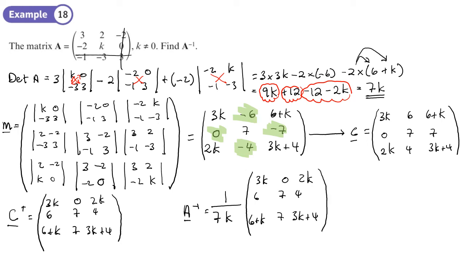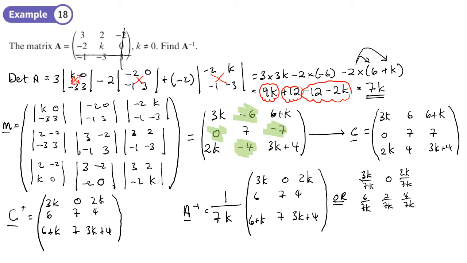Now, if we wanted to, you could write every element over 7k. I probably wouldn't bother, but you'd get something like this: 3k over 7k, 0, 2k over 7k. I suppose then you could cancel the k's out, couldn't you? 6 over 7k, 7 over 7k, 4 over 7k.